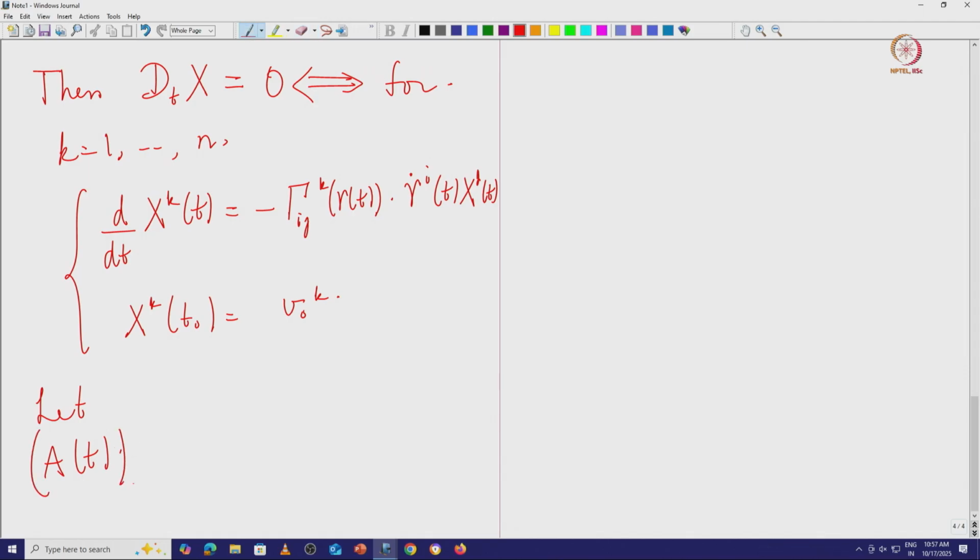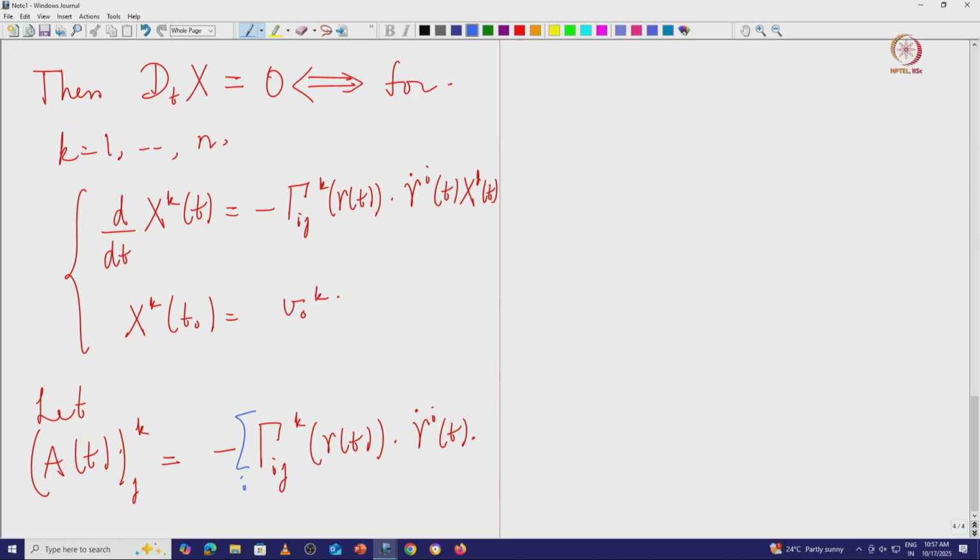So the jkth component of A of t is simply given by minus Gamma ijk of gamma of t times gamma i dot of t. Here of course, by Einstein summation convention, you are summing over i.